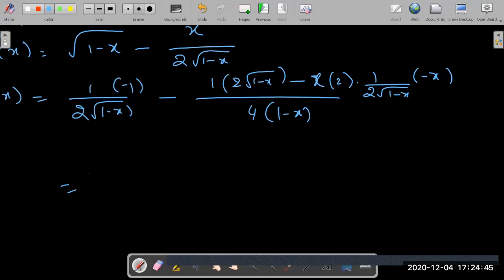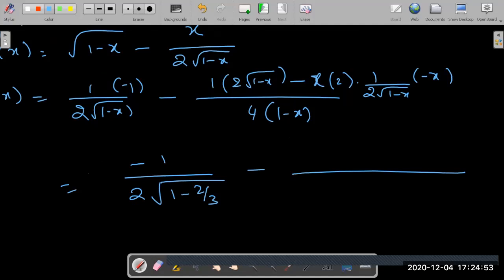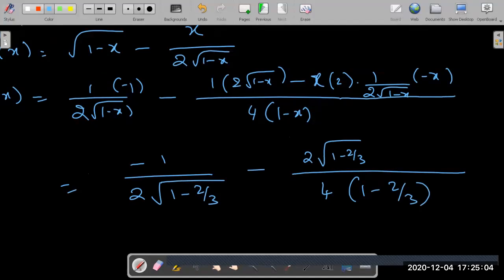So we have, this is minus 1 by 2 square root of 1 minus 2 by 3, minus bracket 1 minus 2 by 3, and in this, 2 square root of 1 minus 2 by 3 minus, and this minus minus becomes plus, so 2 gets cancelled.